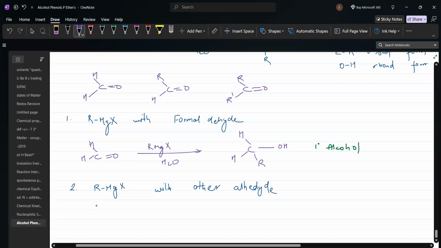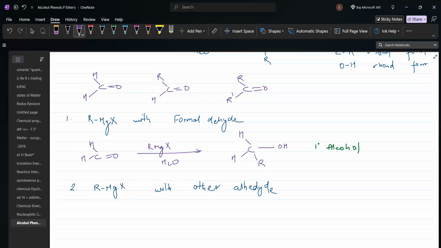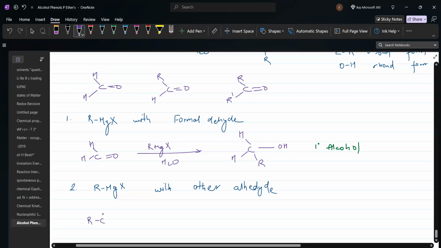It will be like, on one hydrogen we have one R group. Then we will be using some Grignard reagent R'MgX in presence of H2O.